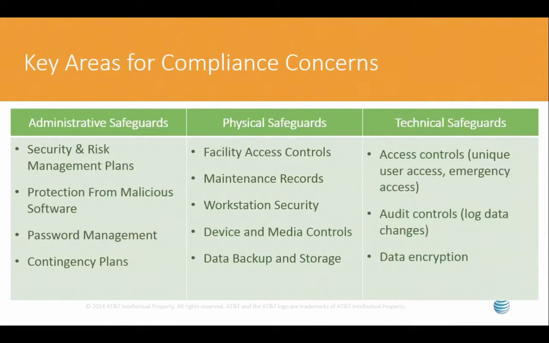And then thirdly, there are the technical safeguards. This is really around the authorization, the authentication, the access controls of who gets to see what information, when, and how. The audit controls, being able to know who has had access and what they have actually done. And then the data encryption.